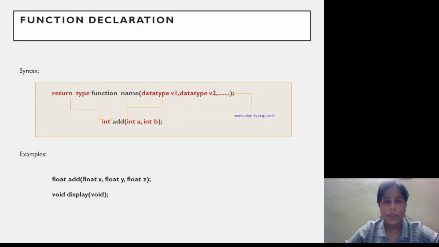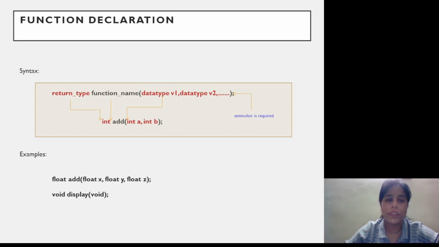This is the syntax of function declaration. First, we have to give the return type, then the function name, then data type variable 1, data type variable 2, like this. Parameters are given like this with their data types. Here is the example: int add(int a, int b); with one semicolon.